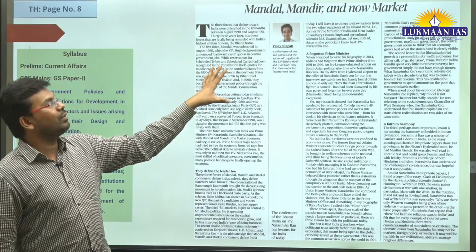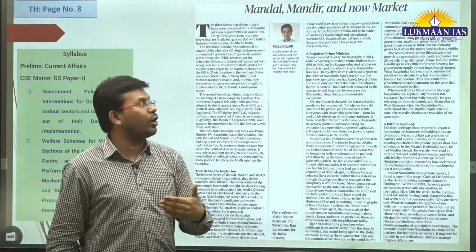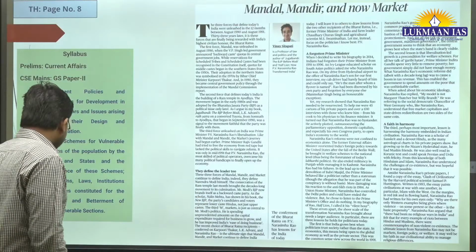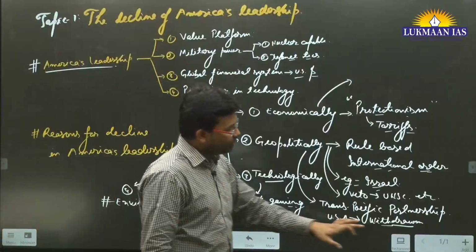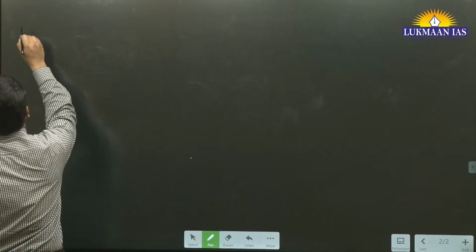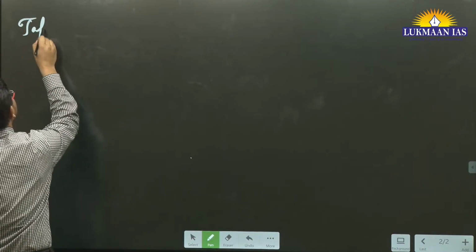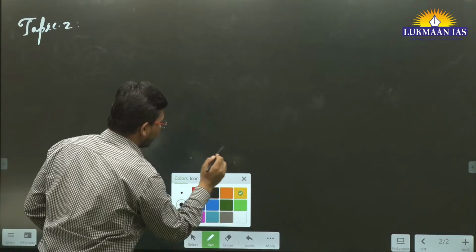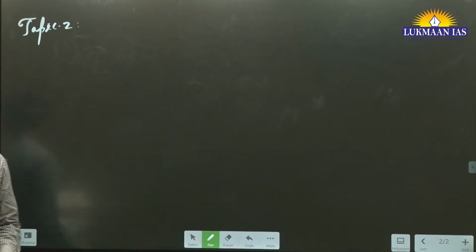However, in this article we will understand the politics of Mandal, Mandir and market that is shaping the Bharat Ratna awards at this point of time. So this is going to be topic number 2 for today's discussion. The name of the topic is Mandal, Mandir and now market.